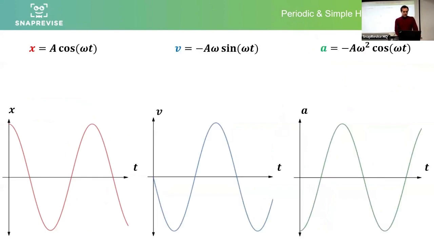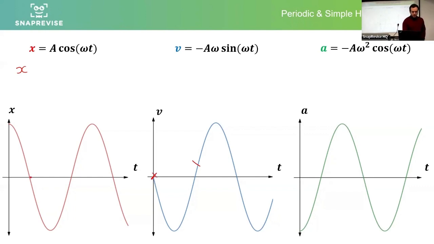If I plot x here, how then can I plot velocity? Well, I can consider the gradient. At t equals 0, what's the gradient of x? It is 0. Therefore, for velocity, it must start at 0.